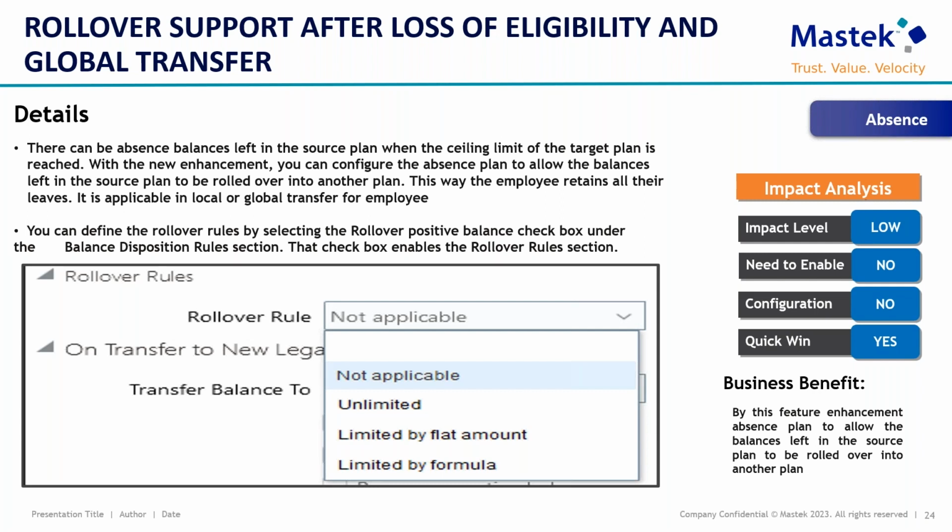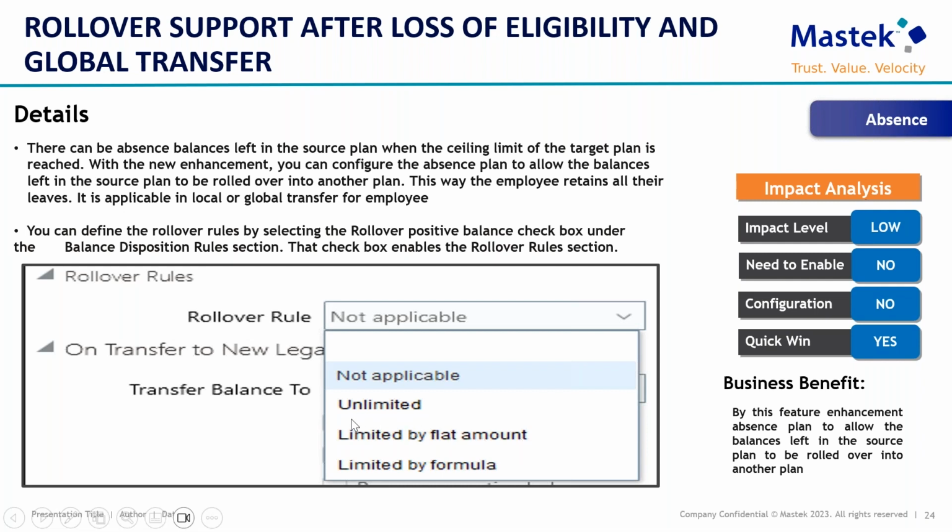By using this feature, you will be able to handle the exceptions created for global transfer. And this particular rule allows you to limit the number of days or hours for your absence plans.